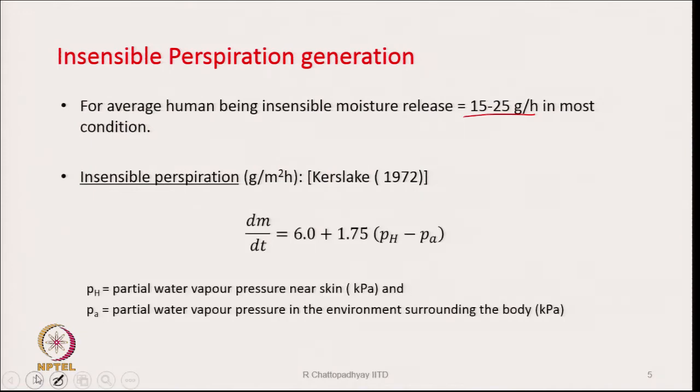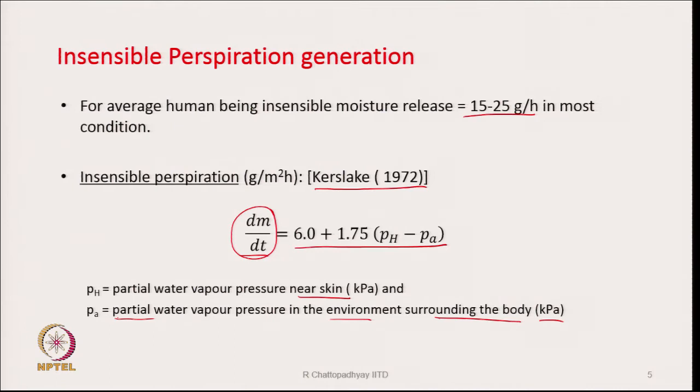The insensible perspiration, as a function of time, the rate of perspiration generation has been shown by this scientist: dm/dt is 6.0 plus 1.75 (pH minus Pa), where pH is the partial water vapor pressure near the skin in kilopascal, and Pa is the partial water vapor pressure in the environment surrounding the body, also in kilopascal.